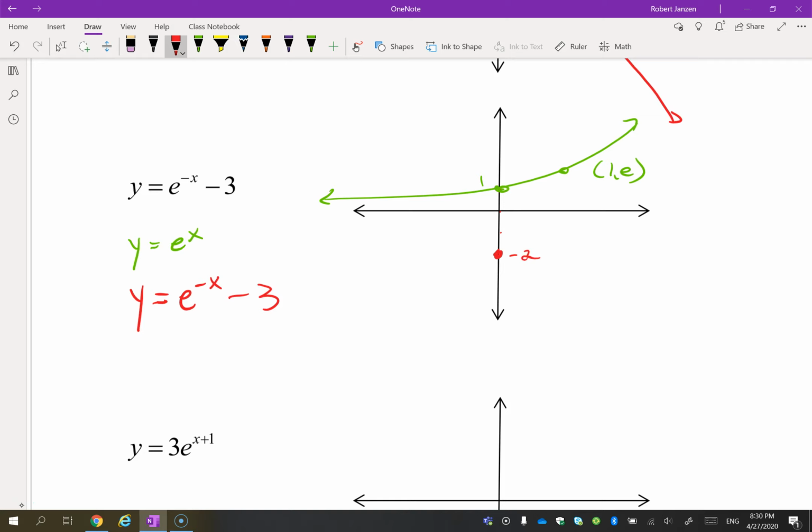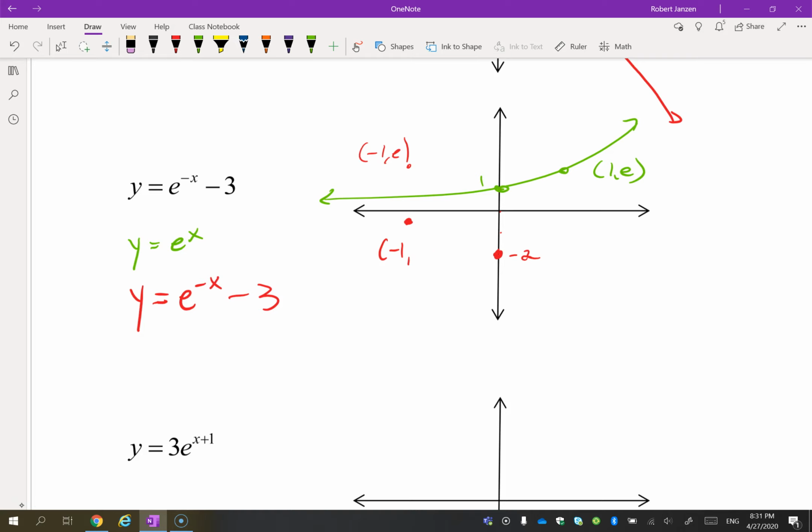And if I take this other point and I do a horizontal reflection, it's going to be at negative 1, e. And then it's going to go down 3. Now think about that. If you're going to go down 3 from e, it's going to turn negative. So this is going to be negative 1, e take away 3.